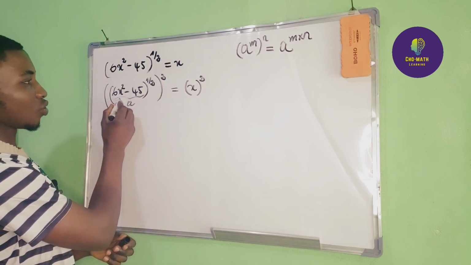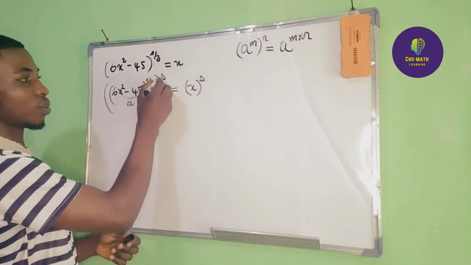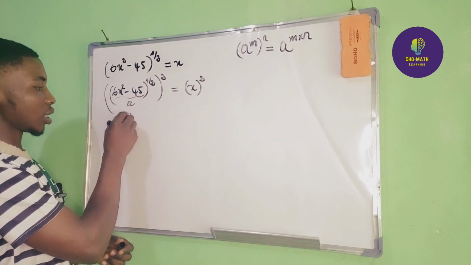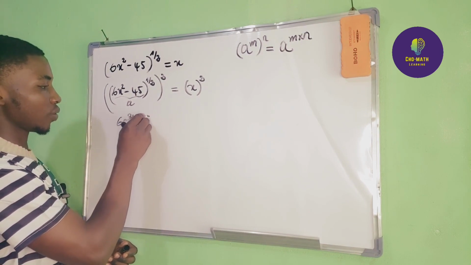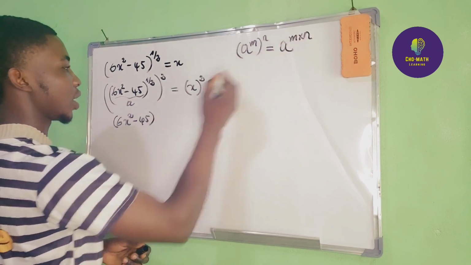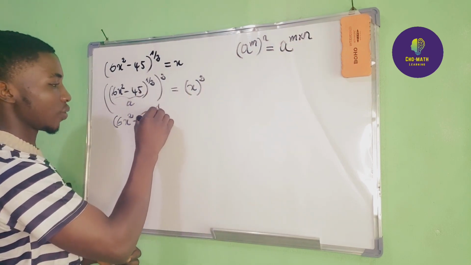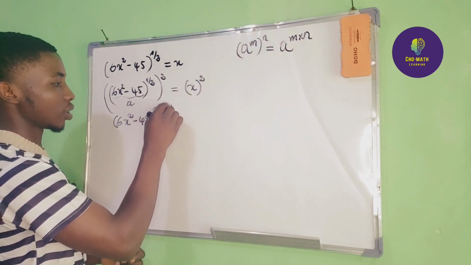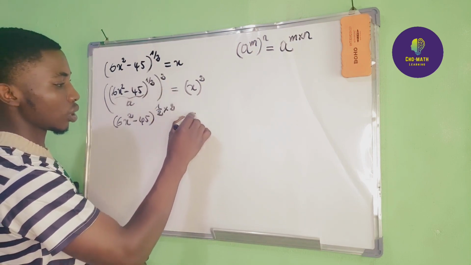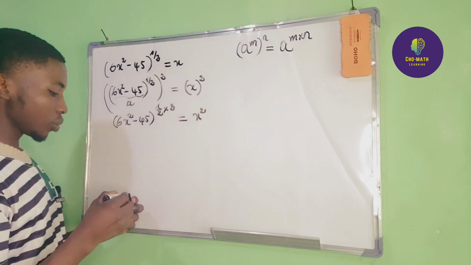So we have a to the power m, all this to the power n, will be equal to a, that is 6x² − 45, to the power of m times n. Our m here was half, times the other power, 2, will be equal here to x².